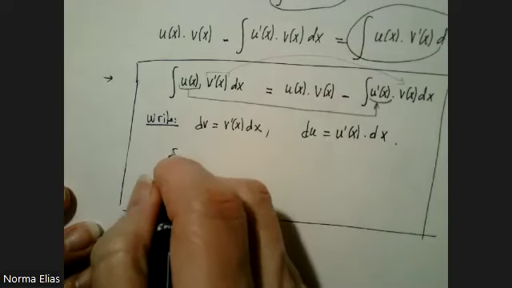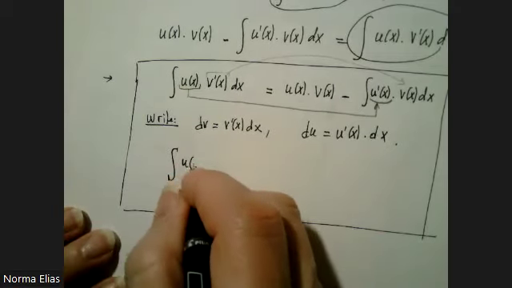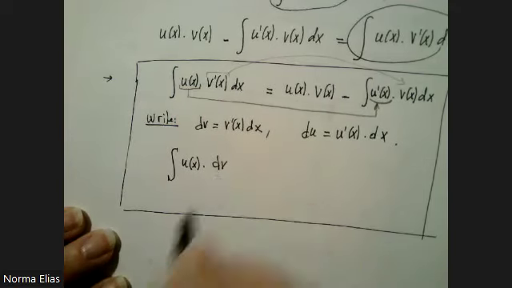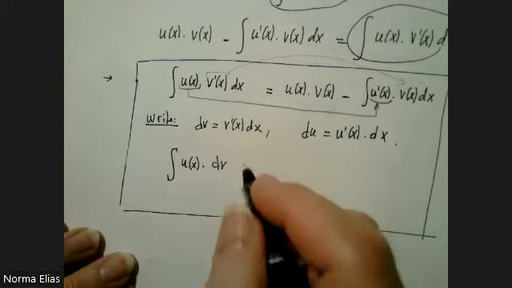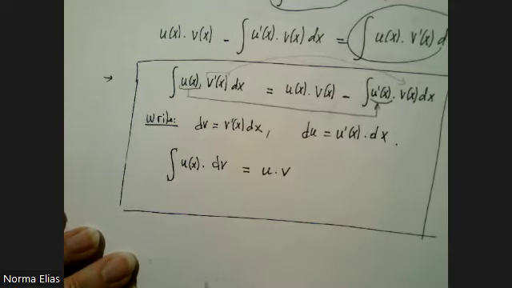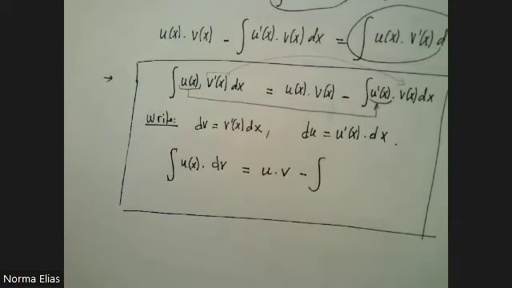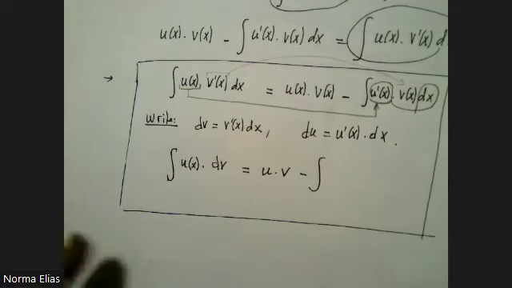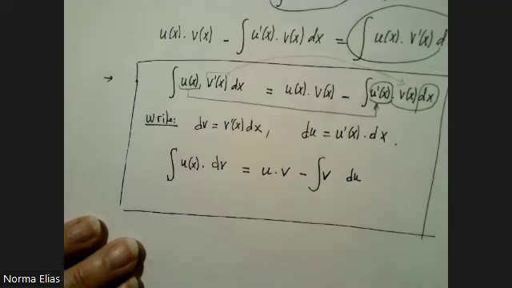With this writing, this formula will become the following. Instead of writing u times v prime dx, we'll write the integral of u of x dv, or usually simply the integral of u dv, equal to the function u times the function v, minus the integral of u prime dx, so this will be the du, and this is the v.